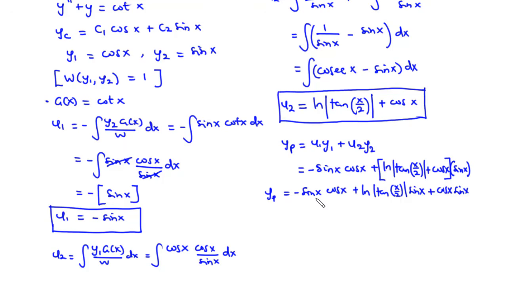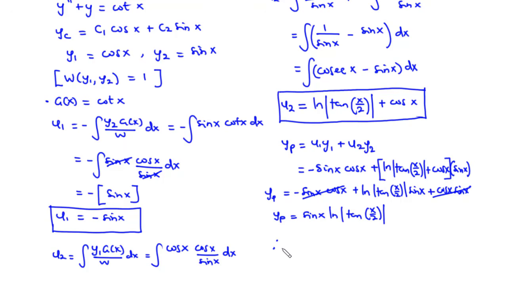Now we have negative sine x cos x, positive cos x sine x, so you can cancel out these two, and then we have yp to be equal to sine x times ln of tan x over 2. So this is the particular integral or the particular solution.